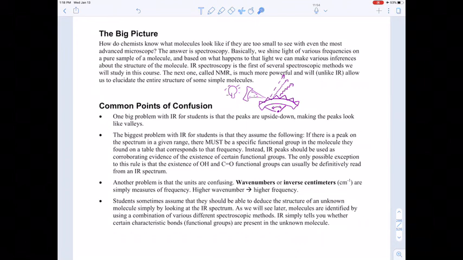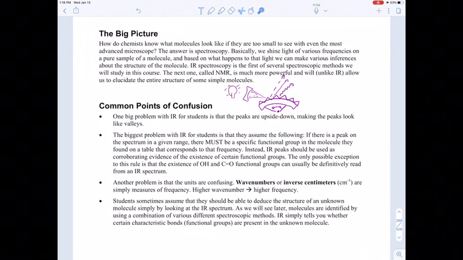One big problem with infrared for students is that the peaks are upside down, making the peaks look like valleys. I don't know that there's too much to be confused about that, but it can be strange. The biggest problem with IR for students is that they assume the following. If there is a peak on the spectrum in a given range, there must be a specific functional group in the molecule they found on a table that corresponds to that frequency.